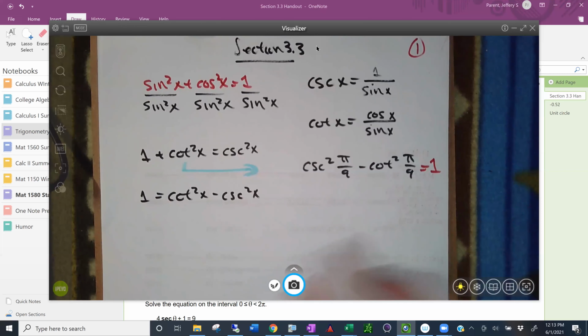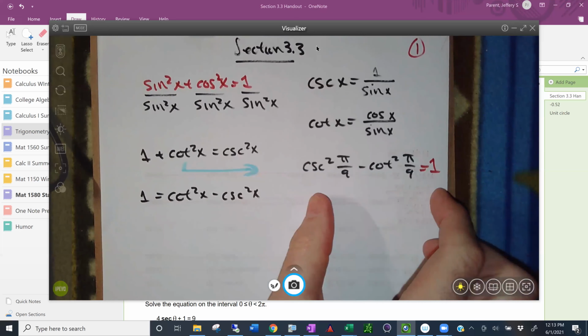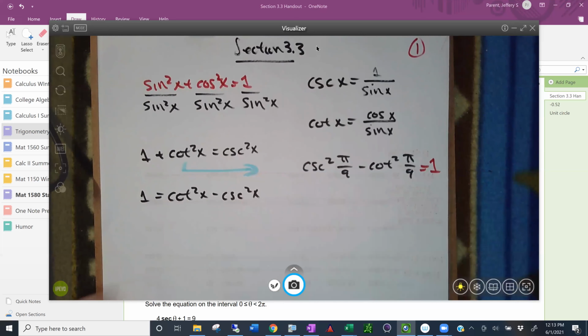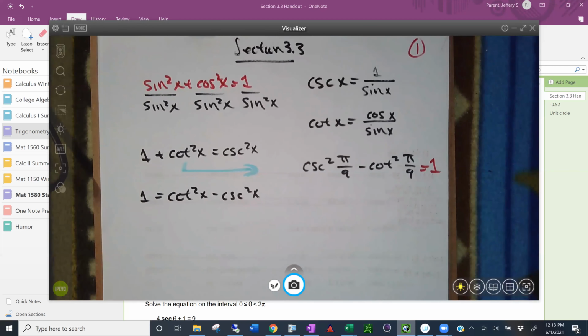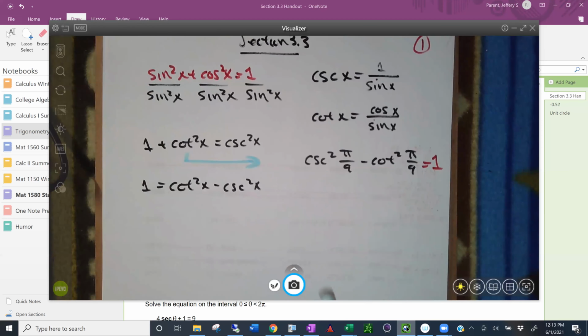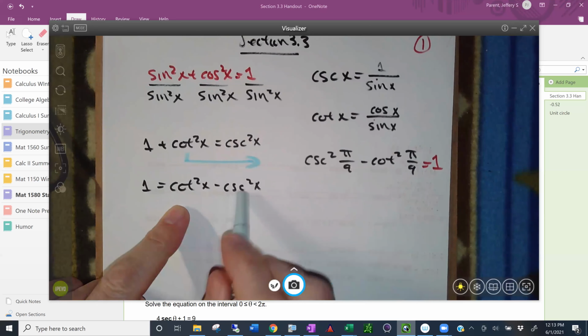Wouldn't it be cosecant squared minus cotangent squared? Oh, you know what? I got them backwards, don't I? Did I copy it down right? Let me take a look here. Let's see. Cosecant. Oh, okay. All right. So that's fine too. We can work with that. Let me rework this. So this is cotangent squared minus cosecant squared.